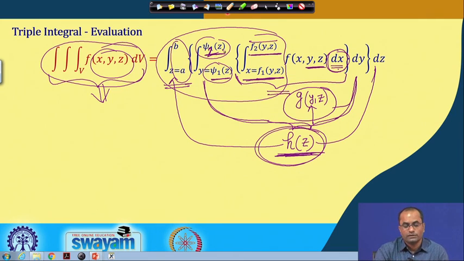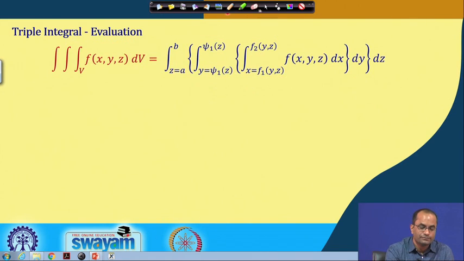The outer one then has to have constant limits for z, and now we will get a value of this integral which is free from x, y and z. So, this structure we must keep in mind.